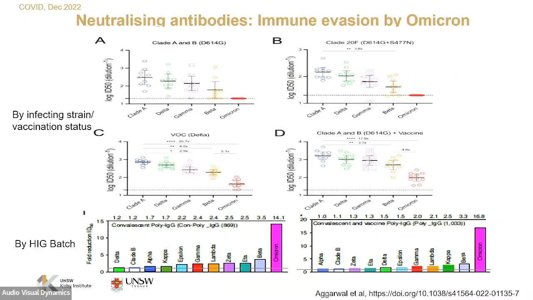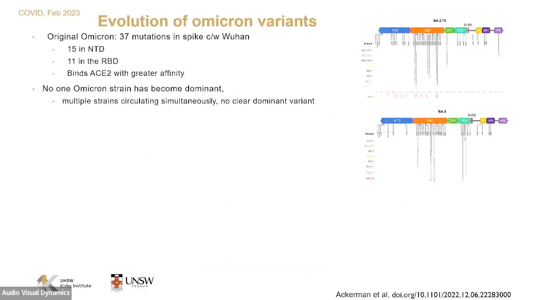You can see that there is a decrease in neutralization capacity between 0.5 and 1.5 logs. And this is true again with pooled immunoglobulins, where you get a 5 to 10-fold decrease in the ability to neutralize the initial Omicron variants.